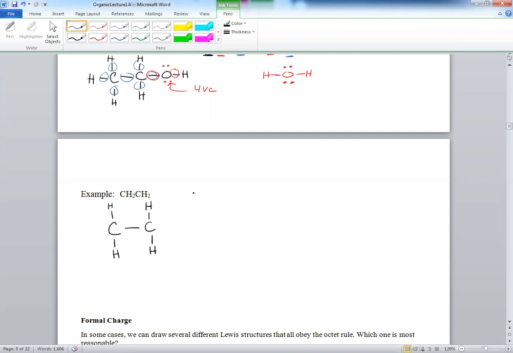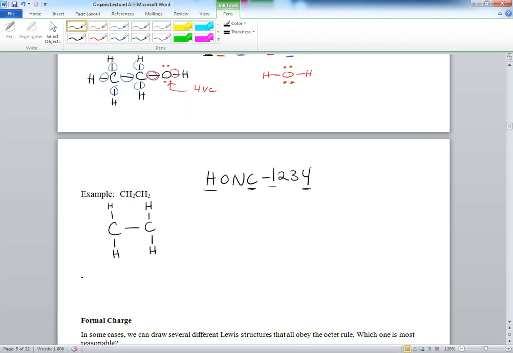Okay, now again, the H has 1, so it's happy, but C needs to have 4 bonds. And this is a neutral molecule. It has no negative charge or positive. But if you look at each carbon, it only has 3 bonds. 1, 2, 3. Of course, for this one, 1, 2, 3.